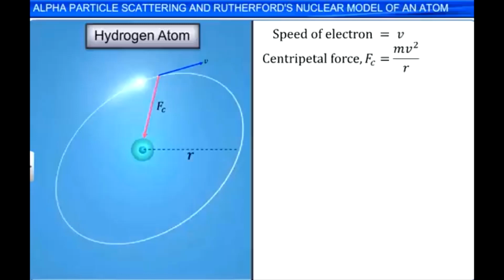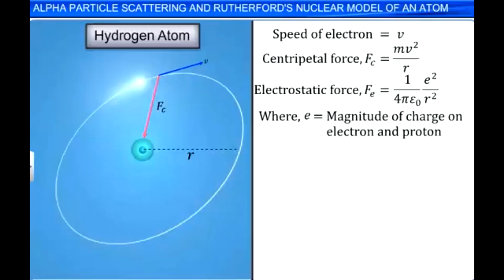The electrostatic force of attraction Fe between the electron and the proton in the nucleus of the hydrogen atom, separated by a distance r, is given by Fe = 1/(4πε₀) × e²/r². This is true because the proton and the electron have equal magnitude of charge e on them.